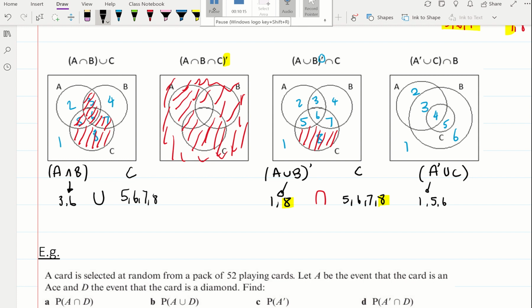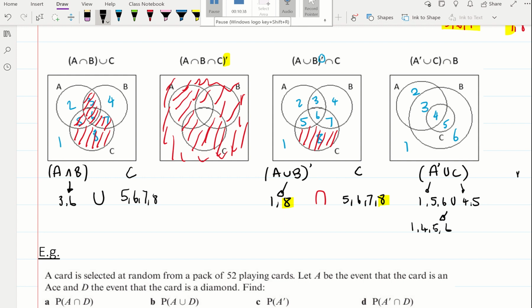And C is 4 and 5. And I want the union between them, so that means 1, 4, 5, and 6. So that's my final list, 1, 4, 5, and 6.